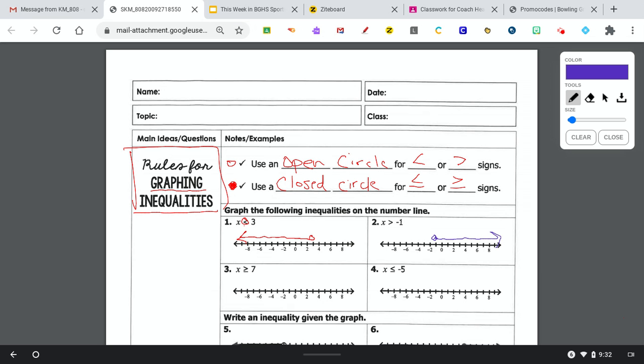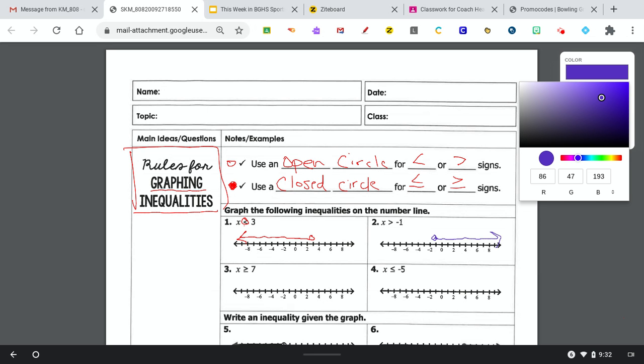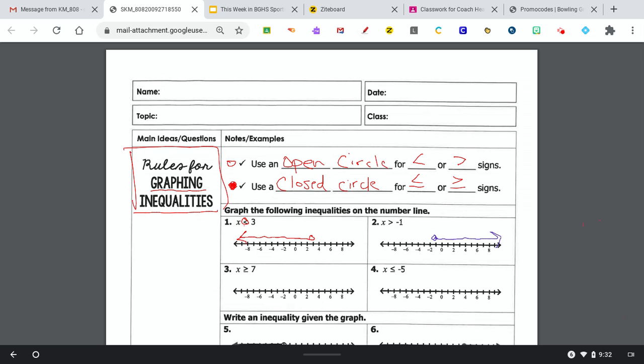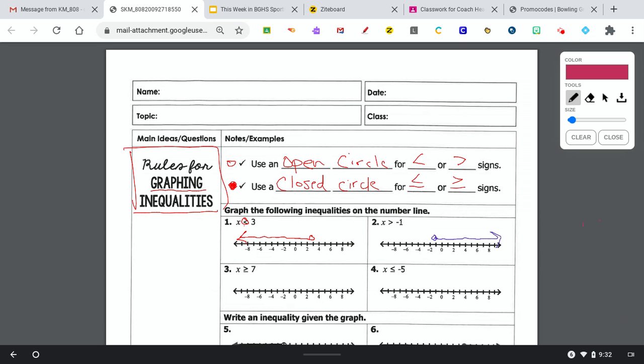If I look at number 3, go to 7, and this is going to be closed. Excuse me, that's the wrong one. Go to 7, it's going to be closed, and it's going to be going to the right.